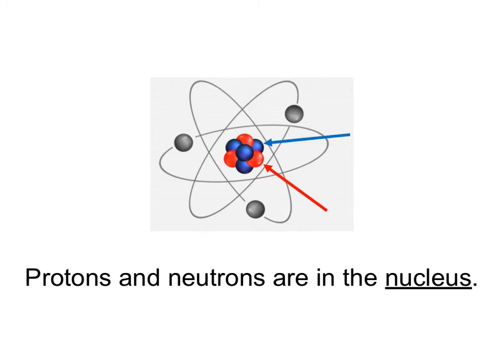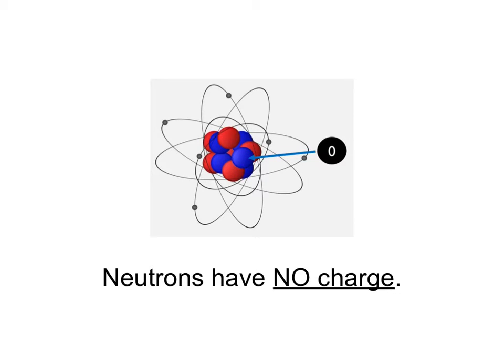The protons and neutrons, those other 2 parts of the atom, are going to be in the nucleus. So protons and neutrons are in the middle and they contribute to the mass, or basically how much an atom weighs. The neutrons have no charge, so they're not positive and they're not negative. They don't have any charge, and we call that being neutral.